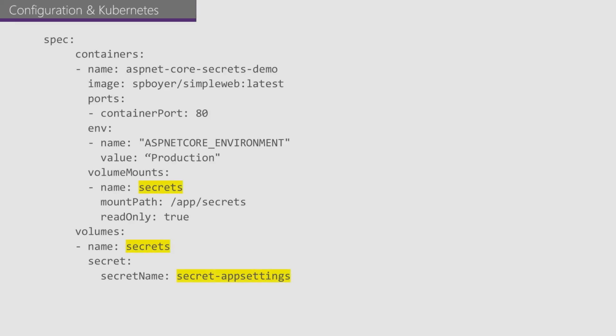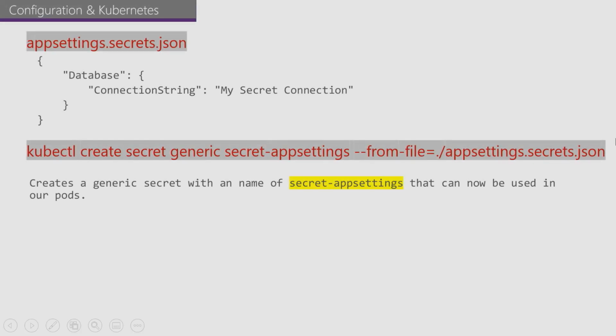So in the actual deployment YAML file, we'll notice here that we've got the key points in the volume we're creating. We're creating that secrets back. So if I go back to the previous slide here, what we're doing is we're using the file secrets.json with that secret connection. So if I'm connecting to a database, I'm going to create that on the pod.